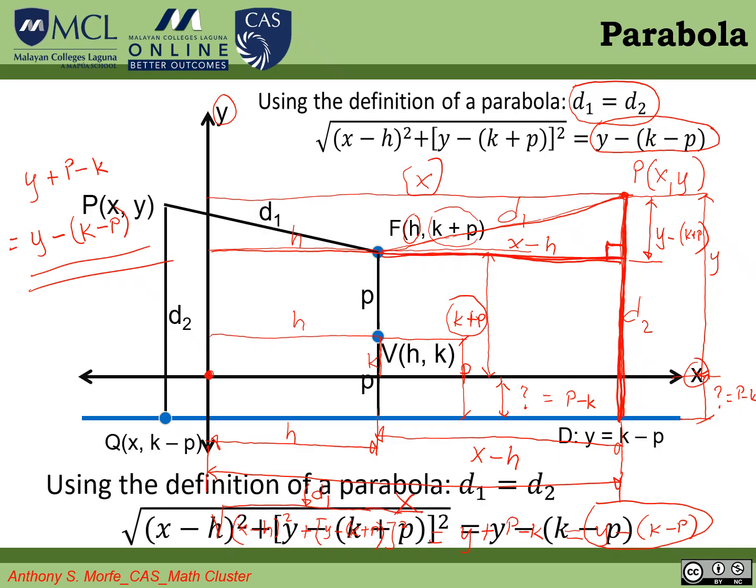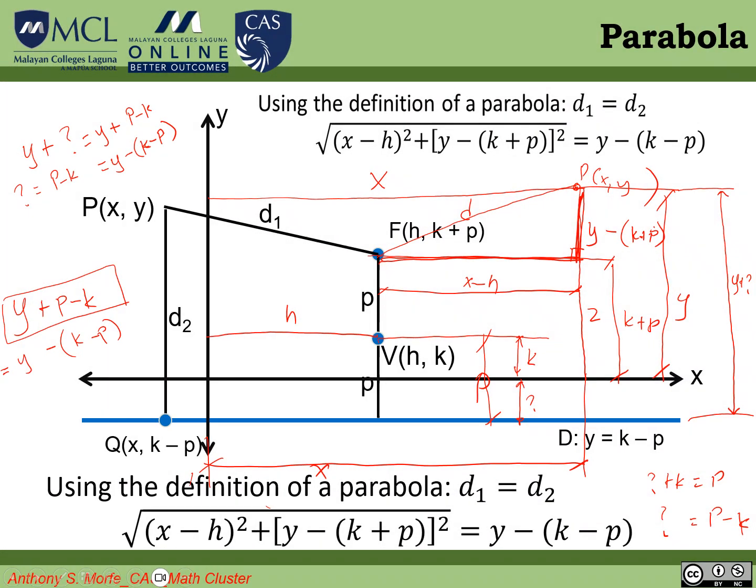I opt to derive the formula, class, using D1 and D2 on the right side, because if you do it on the left side, it's a little bit confusing. So better to focus. They're just the same, class. But here, it needs a deep understanding of how this formula is derived if you take these distances D1 and D2.